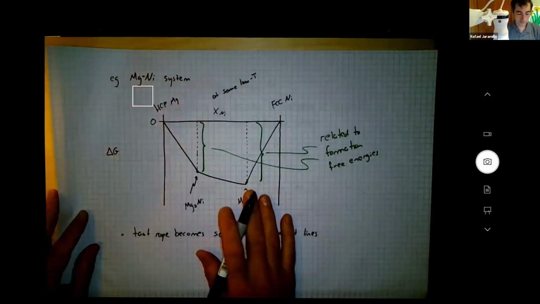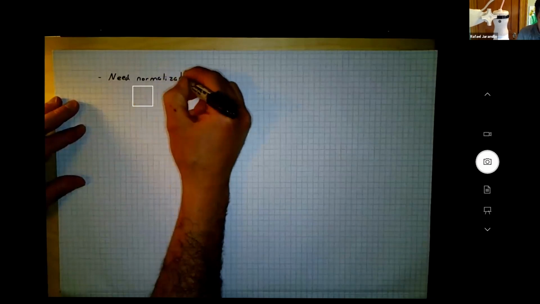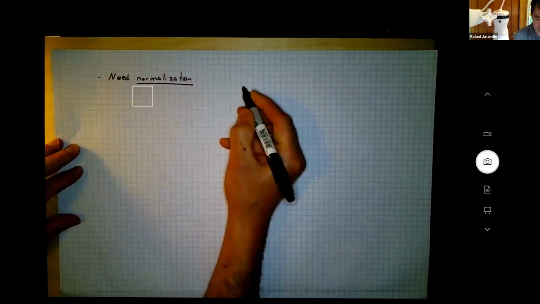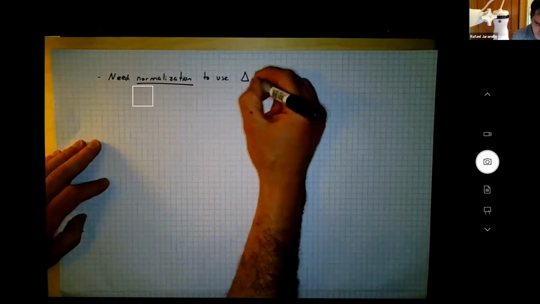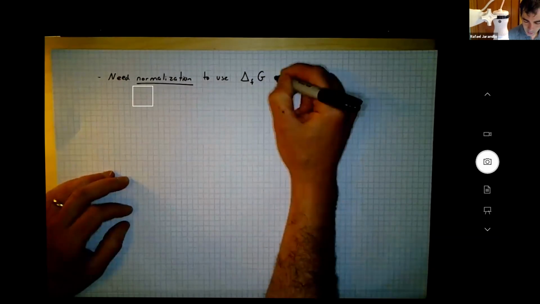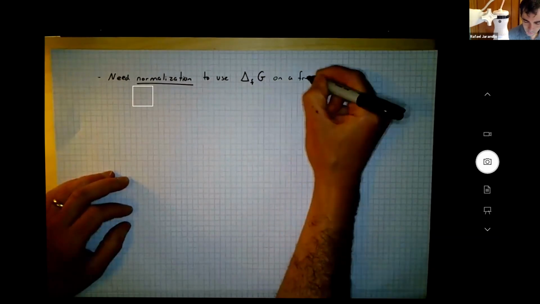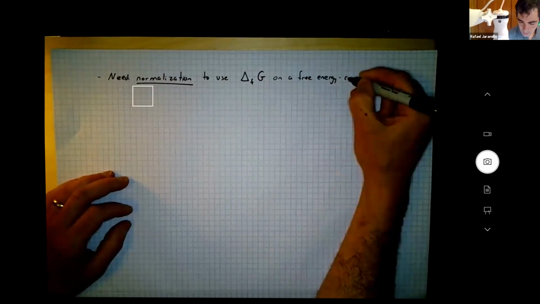So for example, we need normalization to use delta formation free energy on a free energy composition plot.